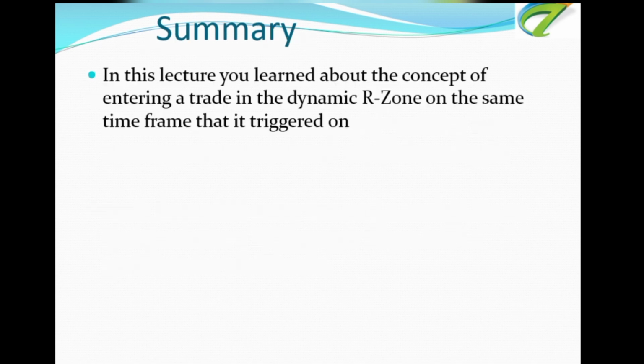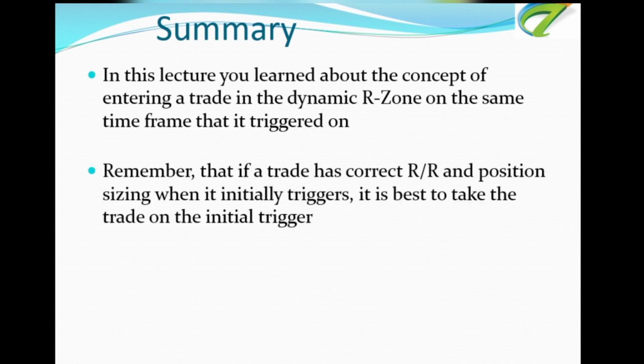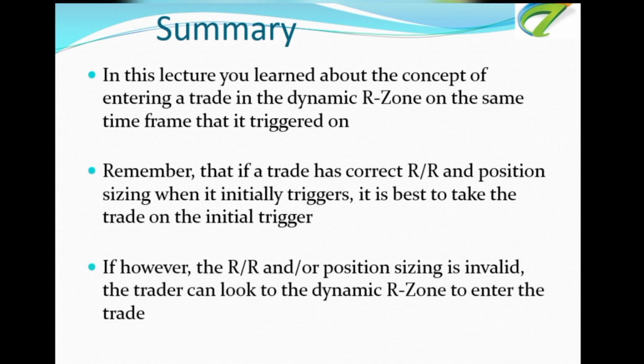Summary. In this lecture, you learned about the concept of entering a trade in the dynamic R zone on the same time frame that it is triggered on. Remember that if a trade has correct reward risk ratio and position sizing when it initially triggers, it is best to take the trade on the initial trigger.